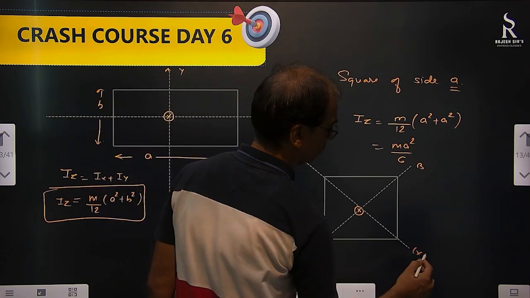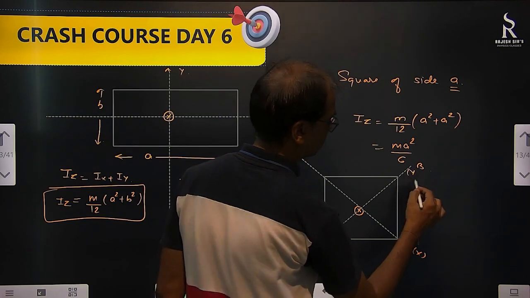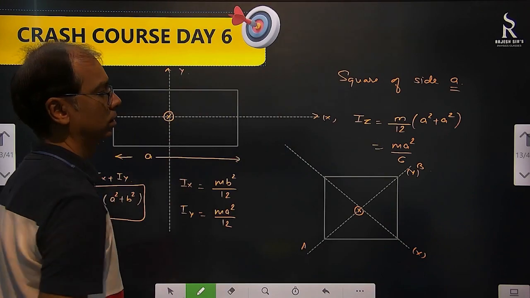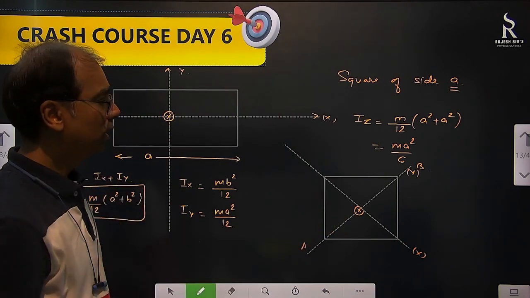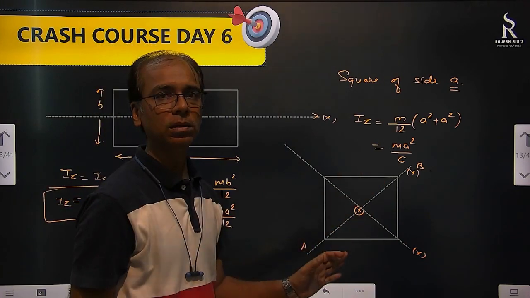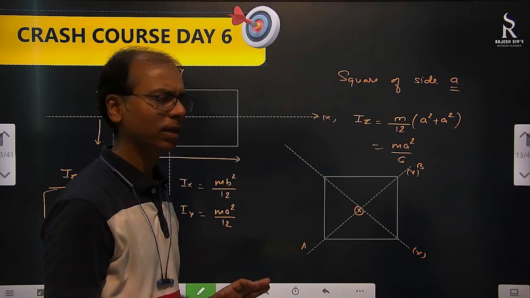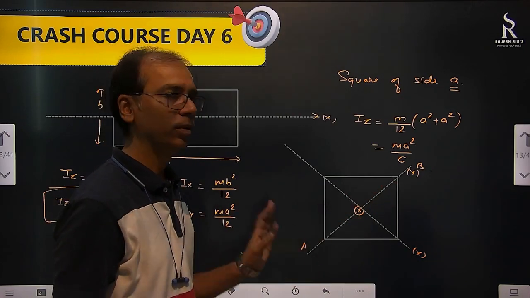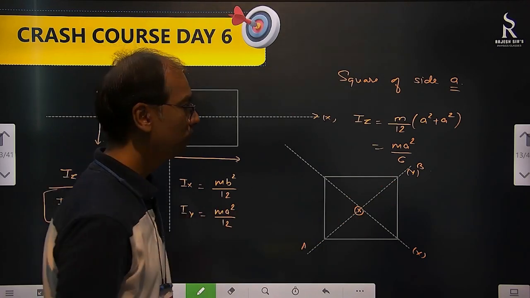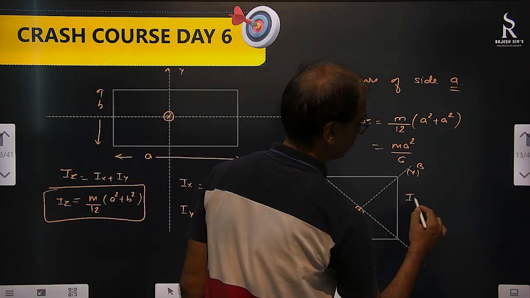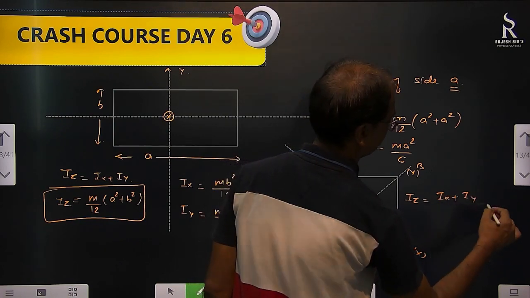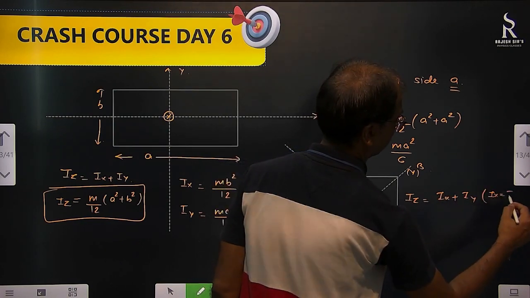We rotated them like this. They became this. Still they are dividing this square into two equal parts in exactly the same way. Yes, both are diagonals. So what will happen? Ix and Iy will be equal. So again we write Iz equal to Ix plus Iy, with Ix equal to Iy.